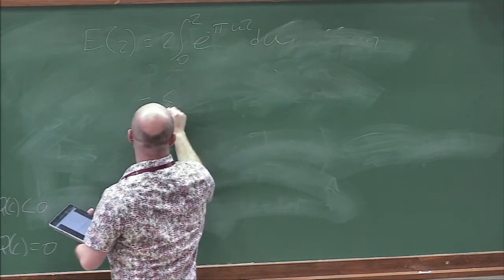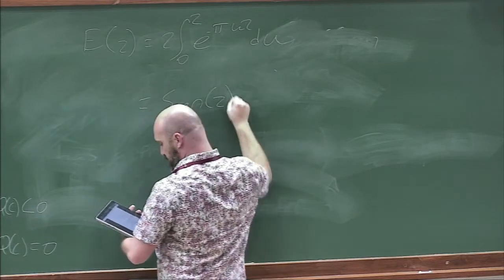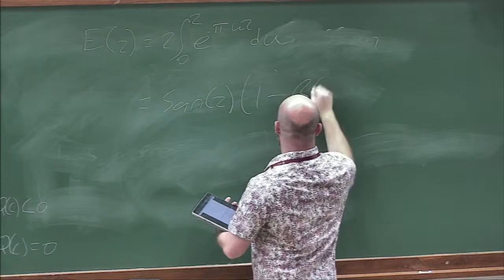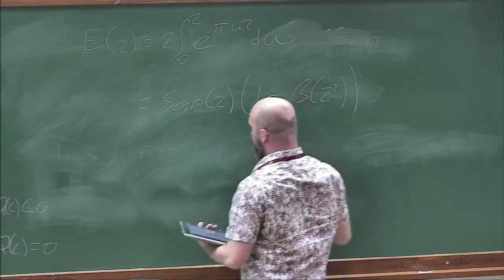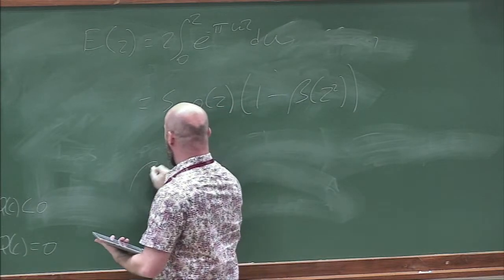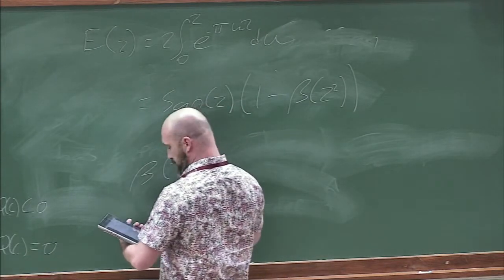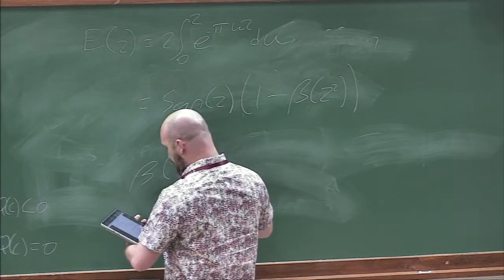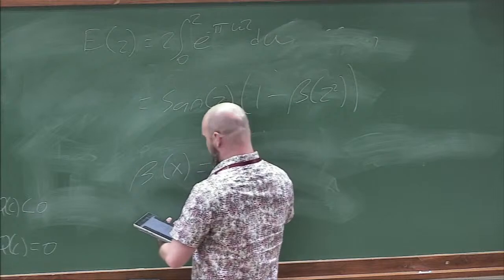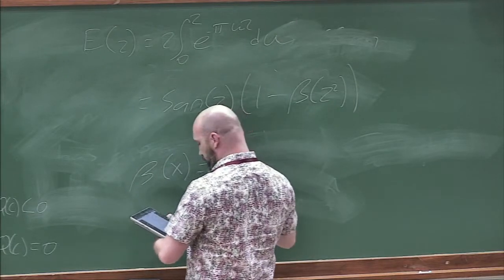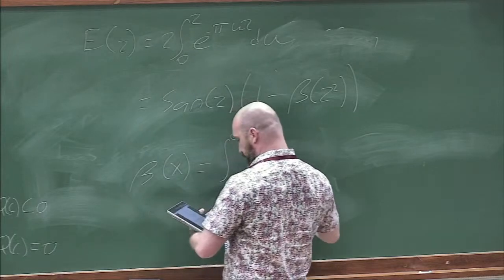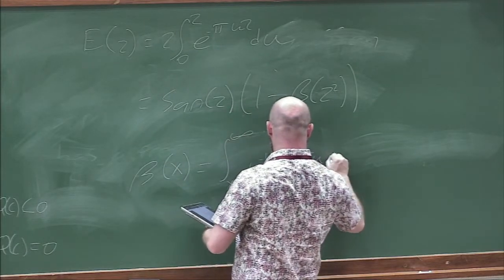But this is equal to the sign of z times 1 minus beta of z squared, where, now I'm giving another definition, and I know that it starts to get a little bit messy to do definitions on top of definitions here. But this right here becomes a non-holomorphic integral, from x to infinity, u to the minus 1/2 e to the minus pi u du.